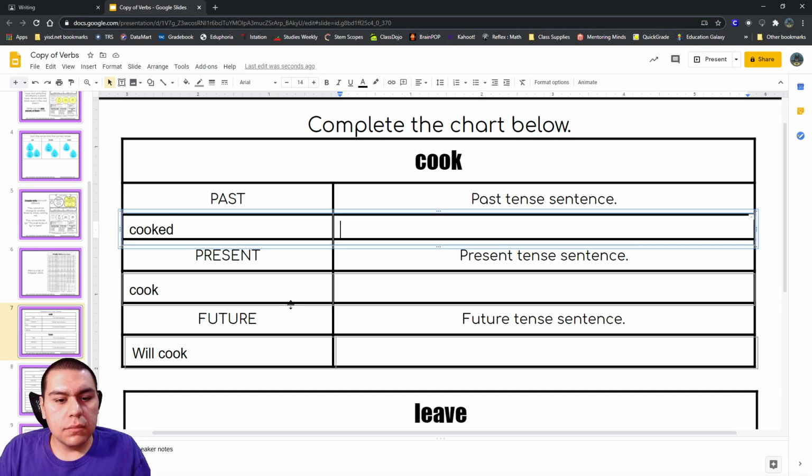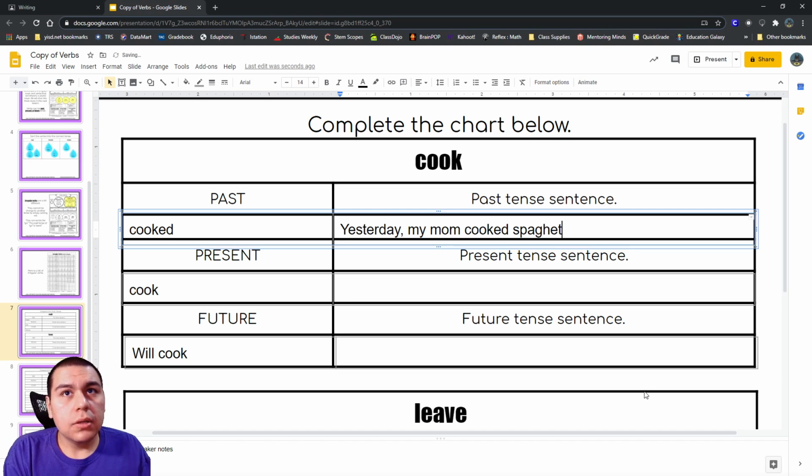Yesterday, my mom cooked spaghetti. Okay, I like it. So we have yesterday, my mom cooked spaghetti. And we have our verb right there, cooked. And I like that you included yesterday because that shows us when it happened. We know it was past tense.